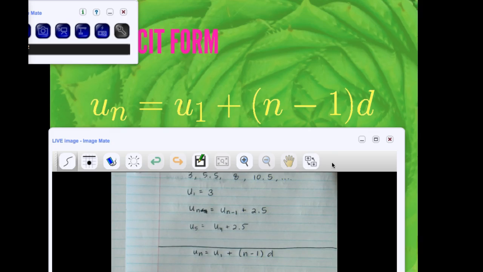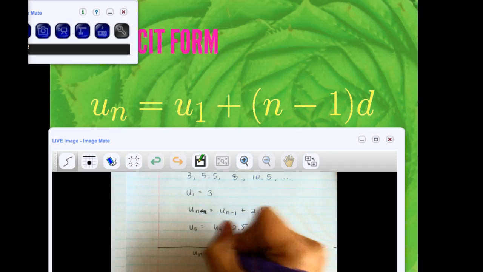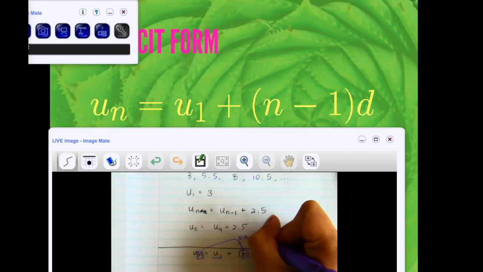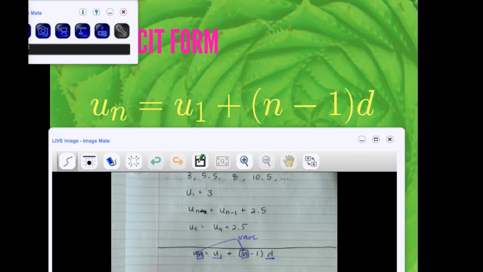There are a couple different pieces that I need to know in order to use this function. My unknowns are u sub 1 and my difference. Those are the two pieces that I need to fill in. My n's in here are just variables. They're going to be left exactly as they are. Think of them like x in an equation.